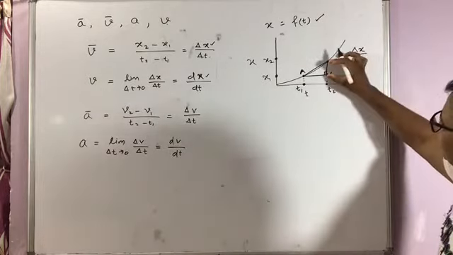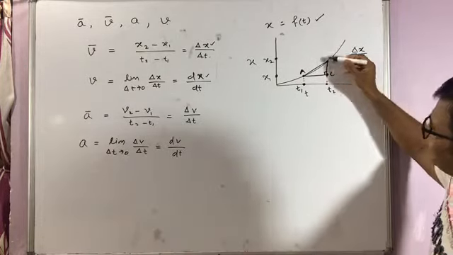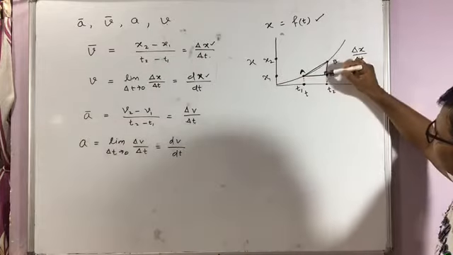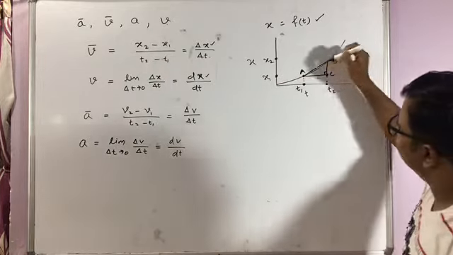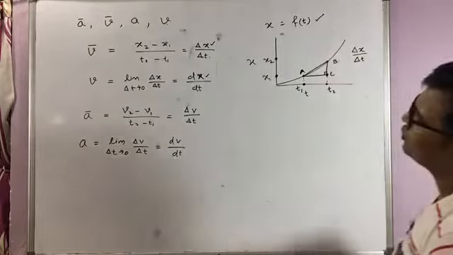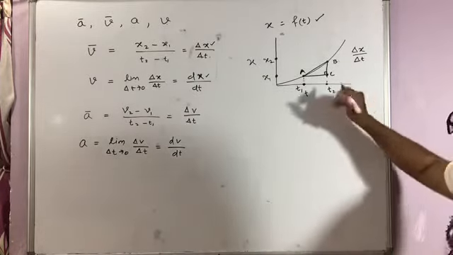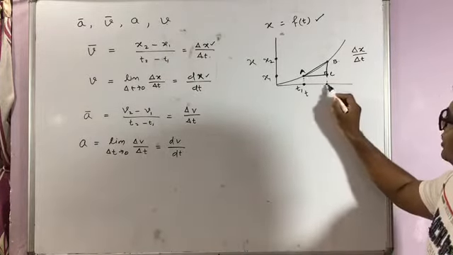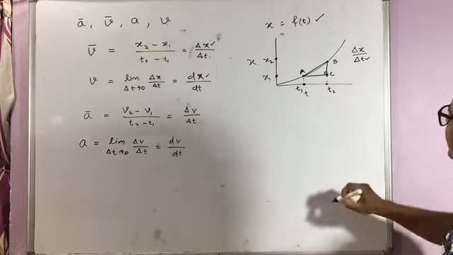Del x is x2 minus x1, which means this length BC, and your AC is t2 minus t1, which means delta t.